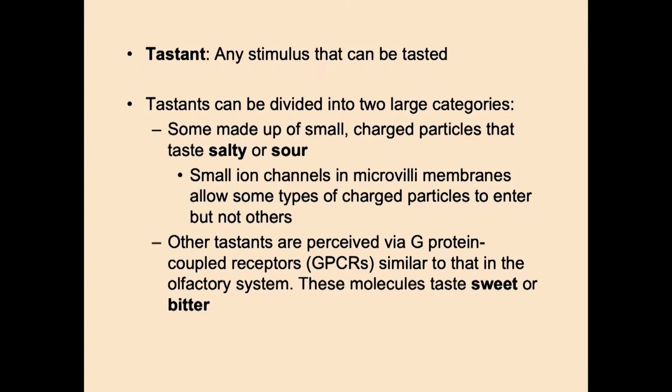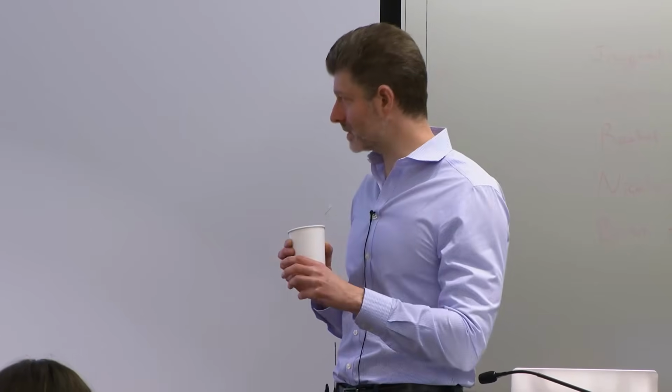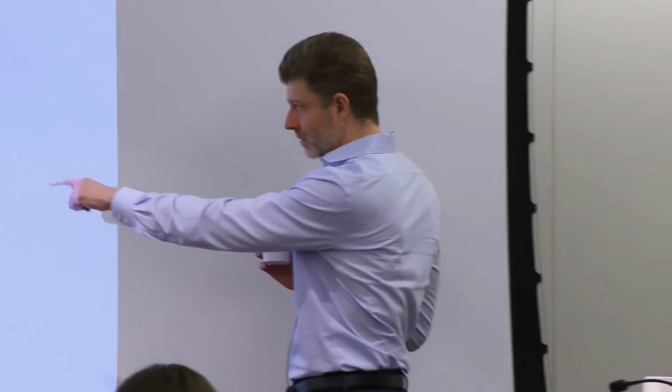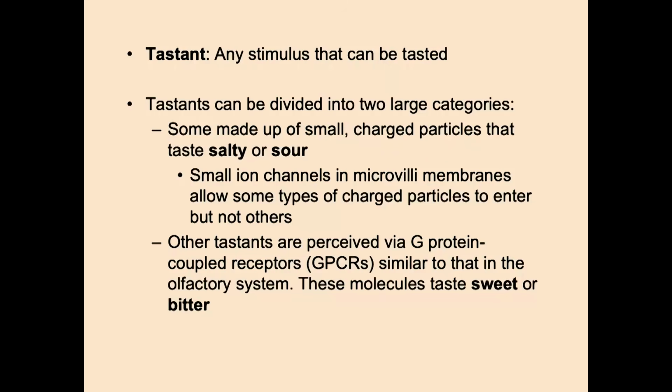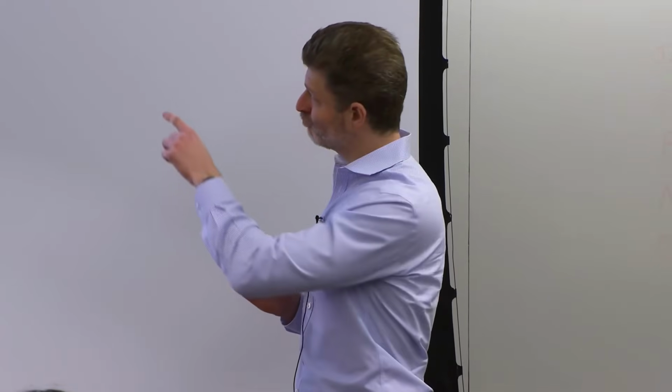Okay, other tastants are perceived via G protein coupled receptors, similar to those in the olfactory system, where we think it's a function of the molecular shape binding to the receptor. And these are cases where the molecules taste sweet or bitter. So two broad classes of particles and receptor mechanisms.